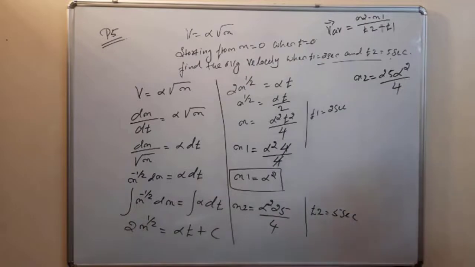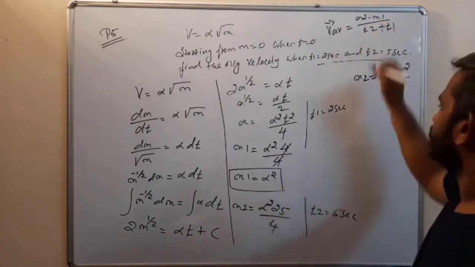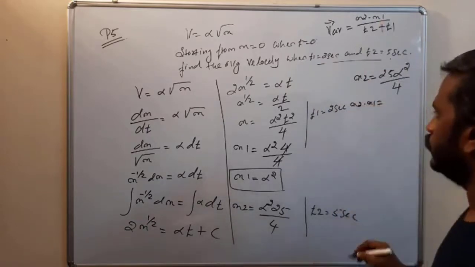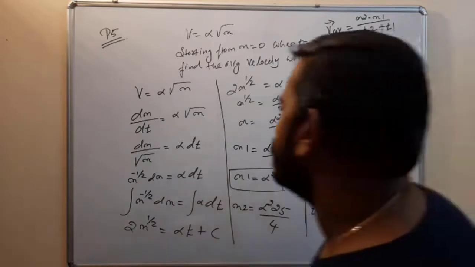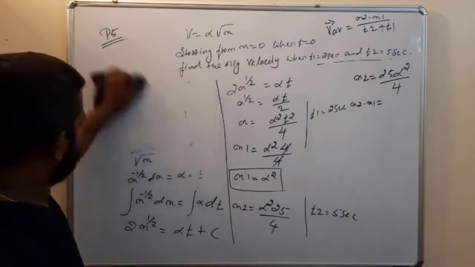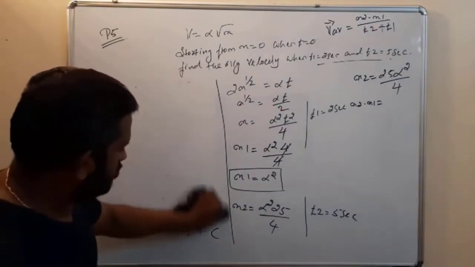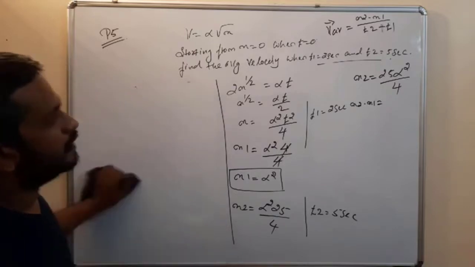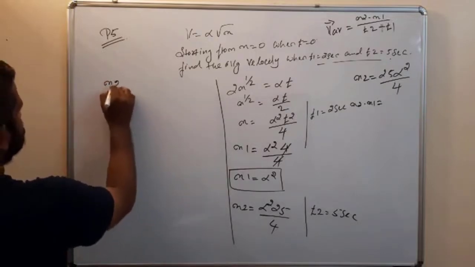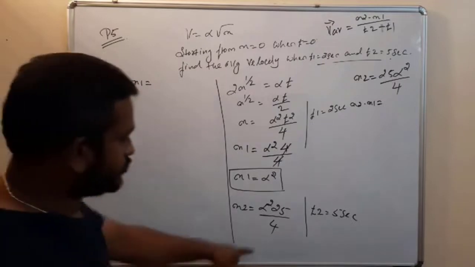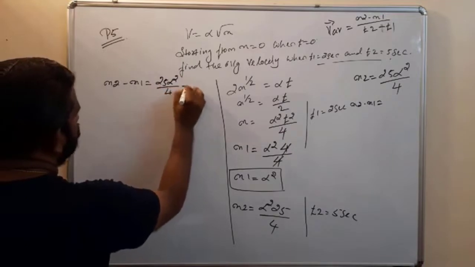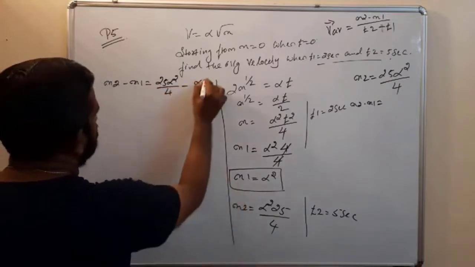So x2 minus x1 is equal to 25 alpha square by 4 minus x1, that is alpha square.